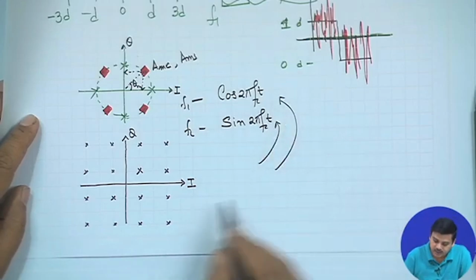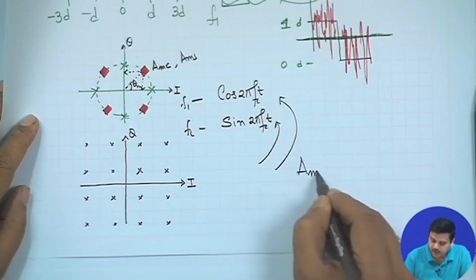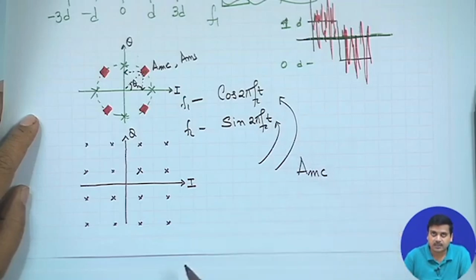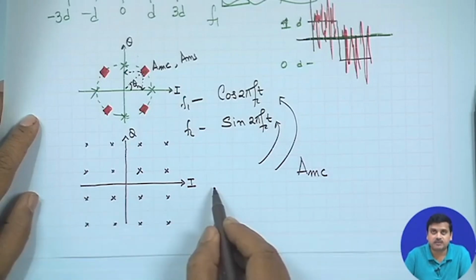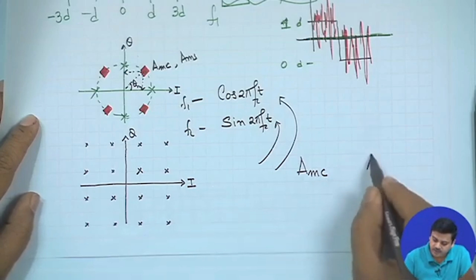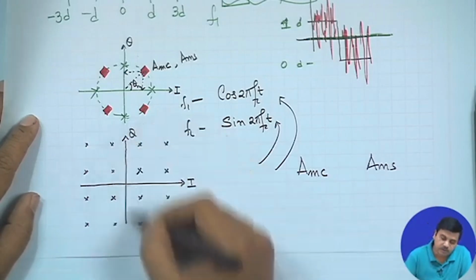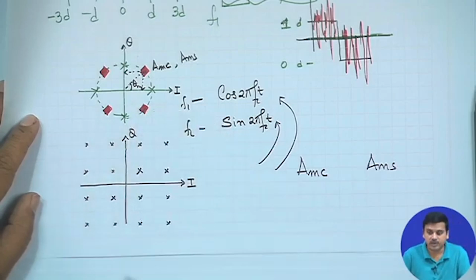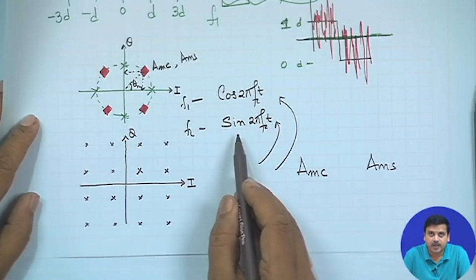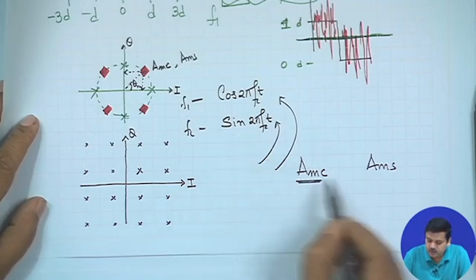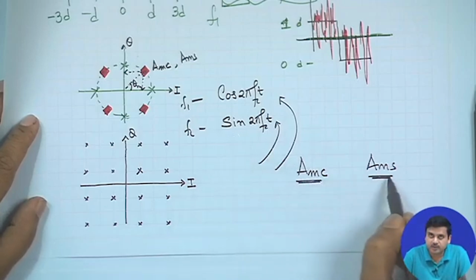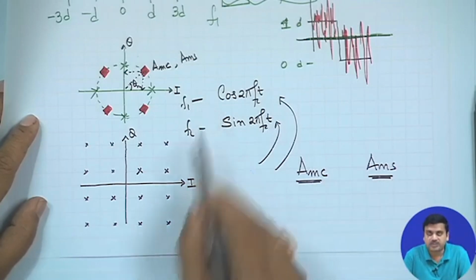In this case we had A_mc as the amplitude for the basis function along the I dimension, and we had A_ms as the amplitude for the basis function along the Q dimension or that of the sine. And we said that these were the components of the original signal on the two basis functions.